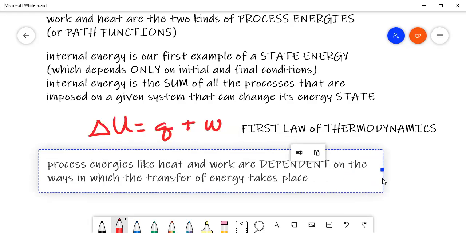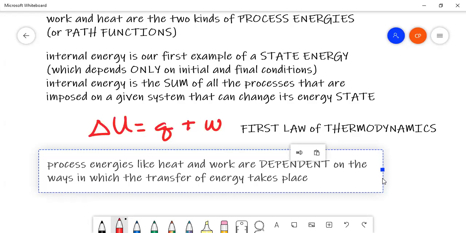When we talk about heat and work as process energies, we're talking about them like the mountain climber on Kilimanjaro climbing the hill. He is likely taking a longer path, but it's a path that is most efficient to him.